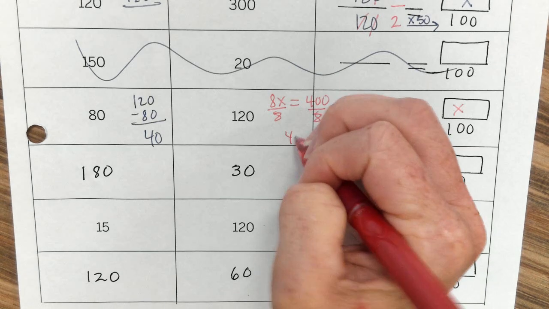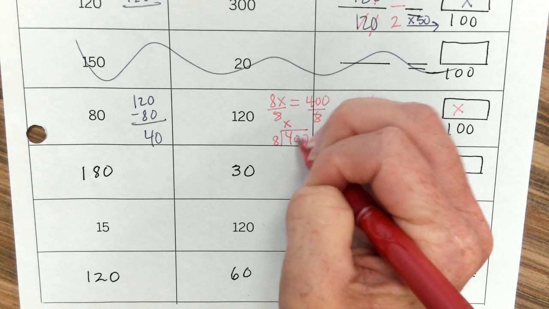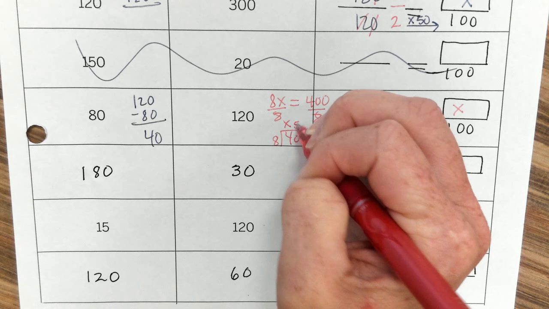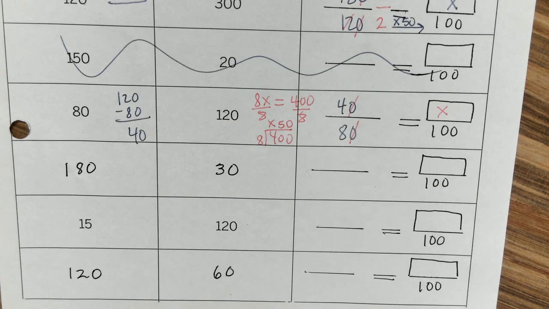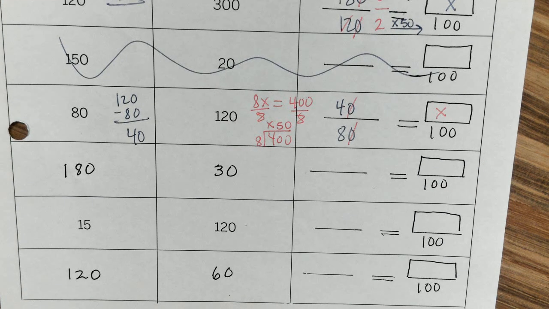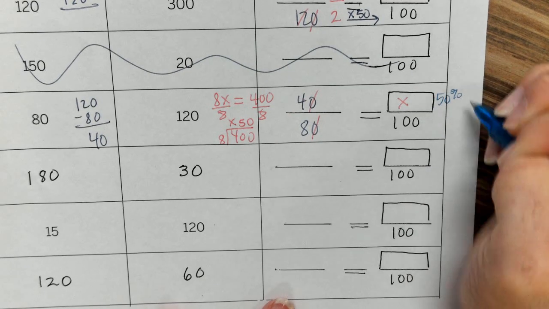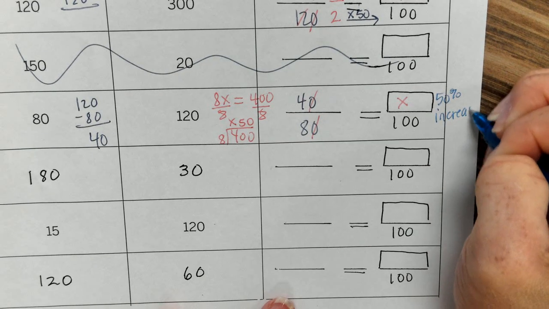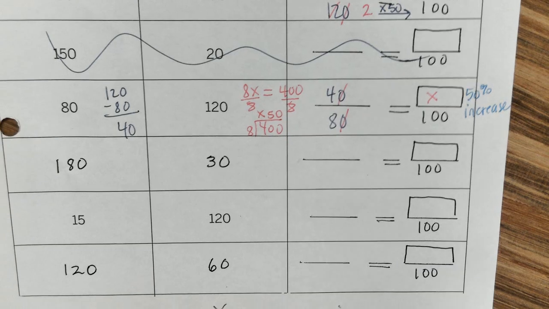And 400 divided by 8: 8 goes into 4, can't, 8 goes into 40, 5 times, and then I have to bring down my other 0. So what was the percent increase or decrease? 50% what? Increase.